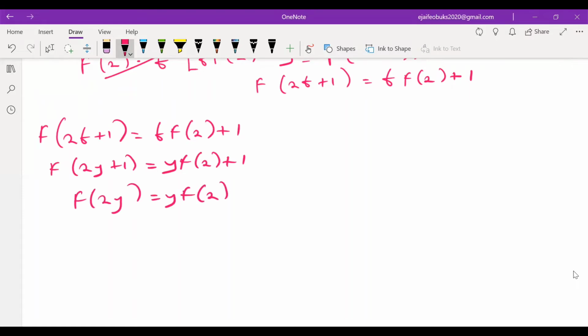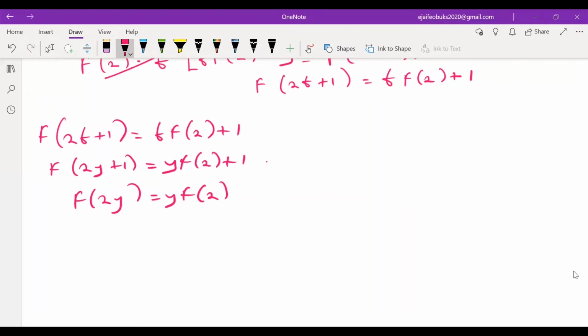So what we've achieved is that we've found what the function is: whatever number they give us, if it's an even number, we know the solution. If it's odd, we know what it is.